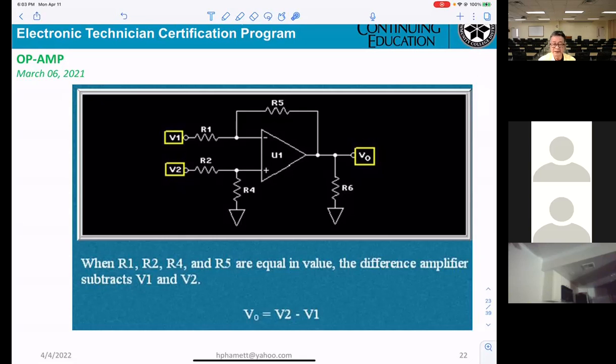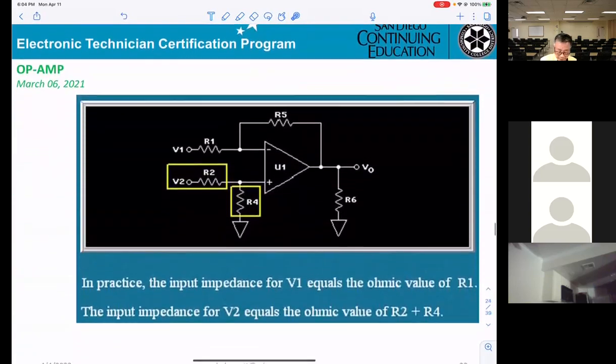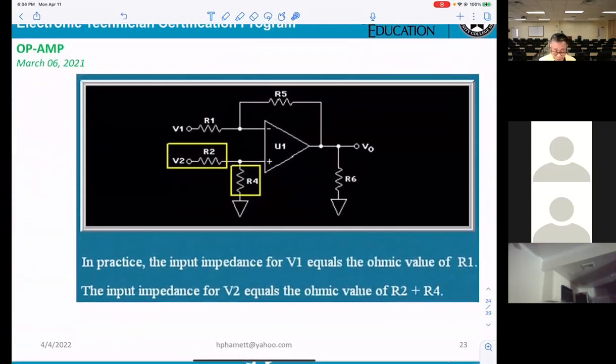In this case, Vout equals the difference between V at the positive minus V at the negative. In practice, the input impedance for V1 equals the ohmic value of R1.